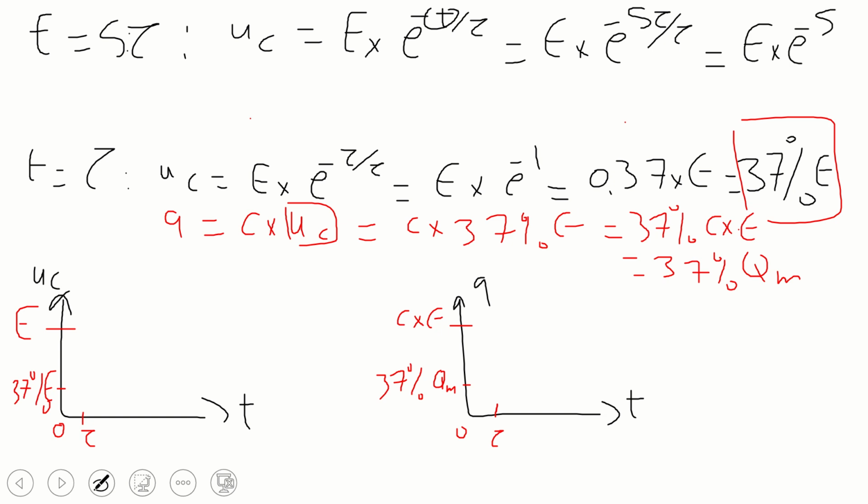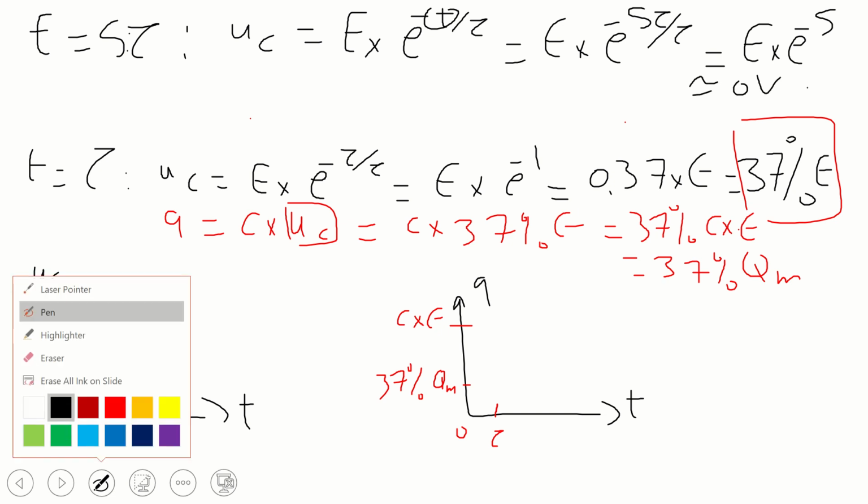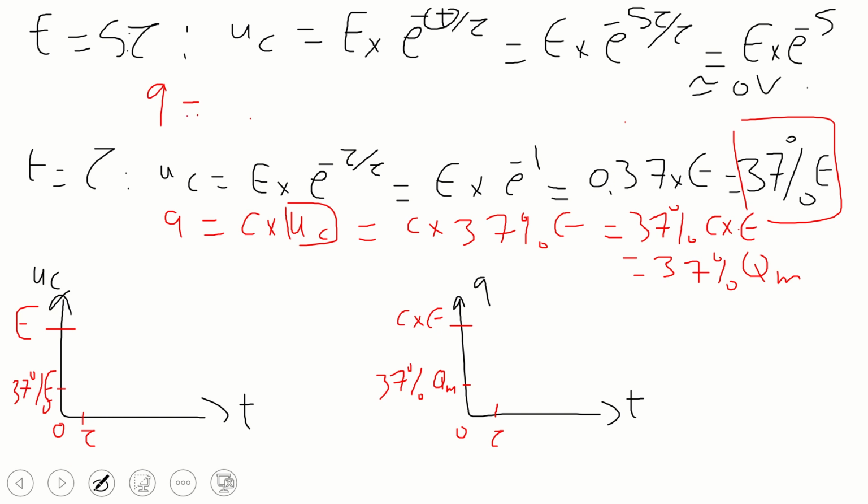Exponential minus 5 is approximately 0, so 0 volt. As Q equals C times UC, after 5 tau, Q equals C times 0 volt, which equals 0 coulomb.